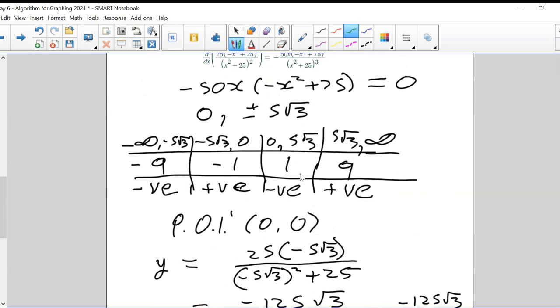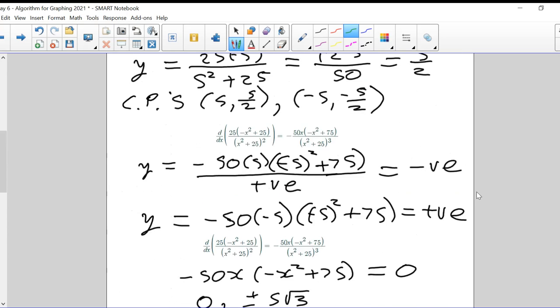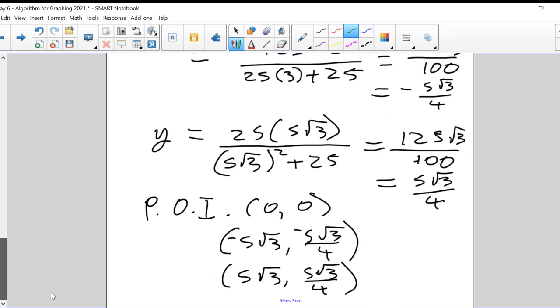Under concave down should have been this. Okay, so 0 to 5 root 3. That's the one you're talking about there, Ariana? Yeah. Okay, thank you very much. So 0 to 5 root 3. And that was what I kept forgetting. Was that down or up?